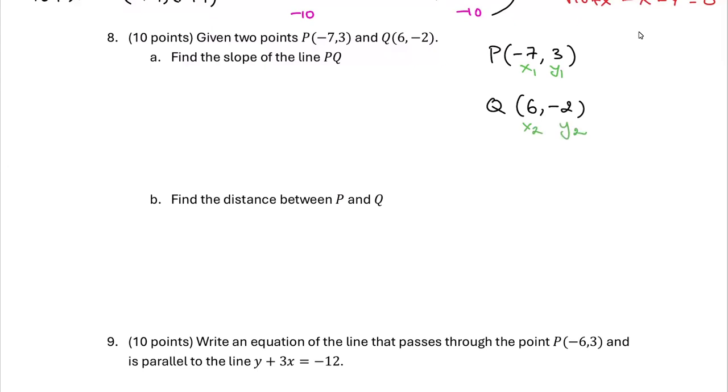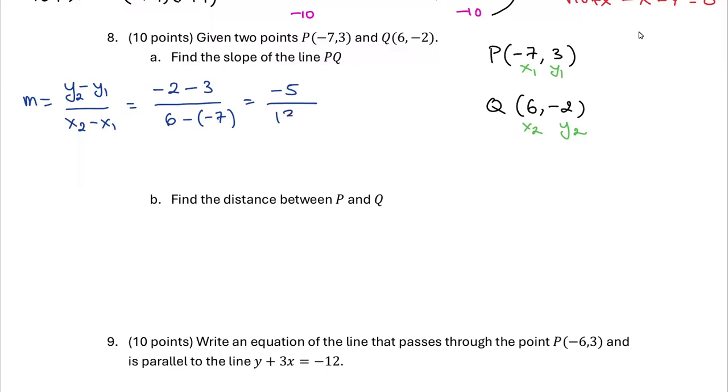And I am using the slope formula. Rise over run. The change in y over the change in x. So y2 is -2 minus 3 over 6 minus -7. -5 over 13. So the slope is -5 over 13.